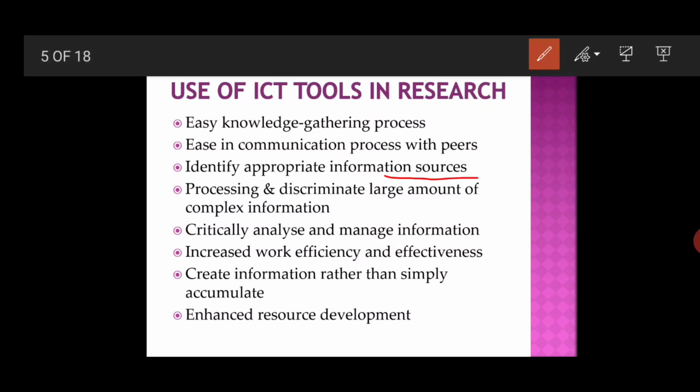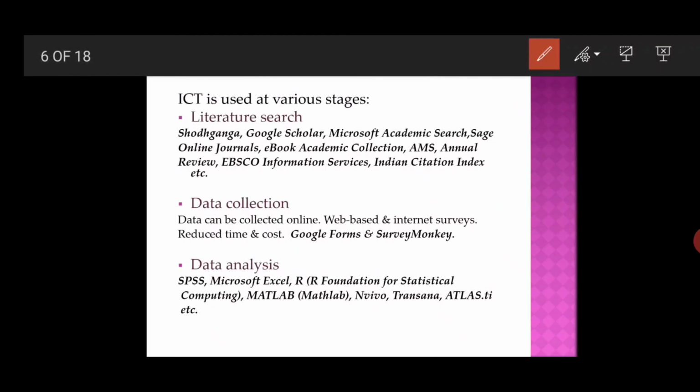And also it helps us in critically analyzing and managing information. And there is an increase in work efficiency and effectiveness. So rather than simply accumulating information, with the help of ICT you can start creating information. You can start creating a pool of information, helping others who are doing research also, right? Enhanced resource development takes place.